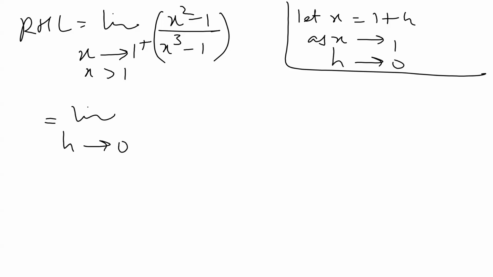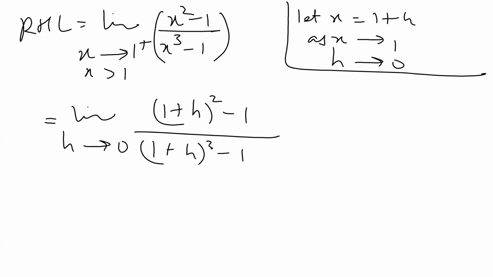So limit h approaches 0, (1 plus h) the whole square minus 1, and down (1 plus h) the whole cube minus 1.